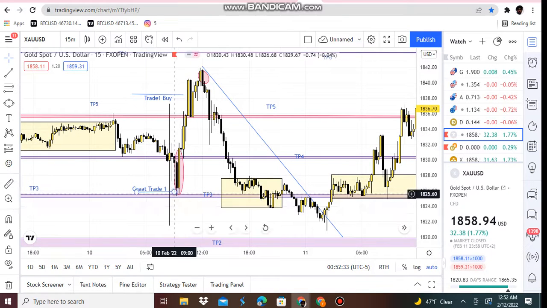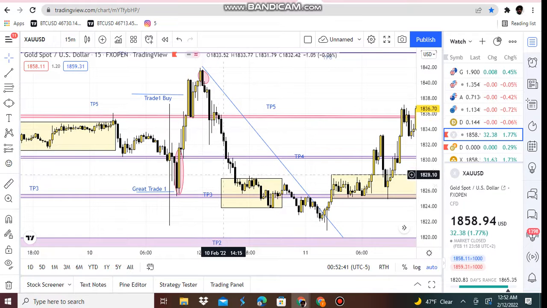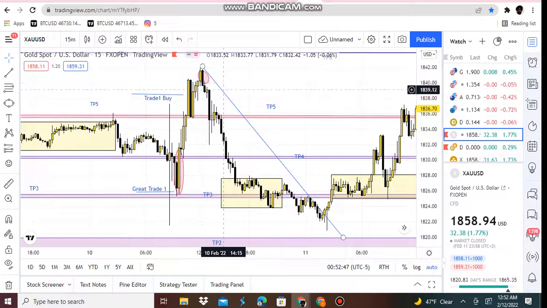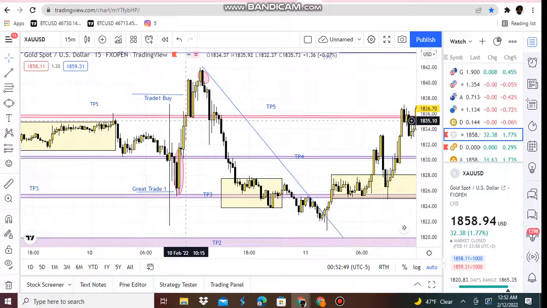If you're looking for entries on a 15-minute time frame, you have to be aware that price is going to fluctuate and move faster, and trend reversals and candlestick patterns can get you out of these trades faster and stop you out because you're trading on a 15-minute time frame.